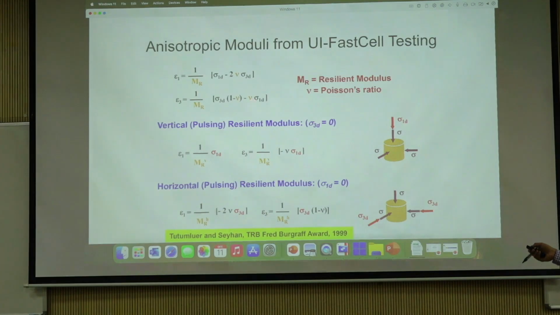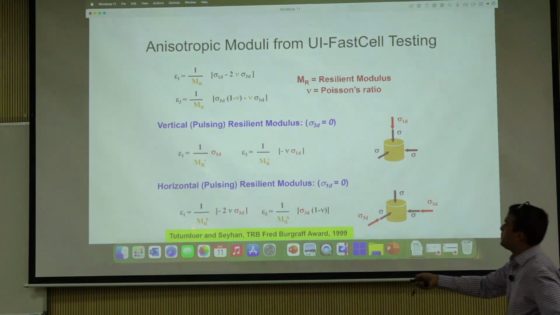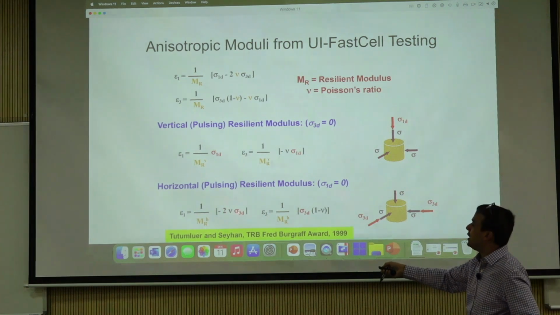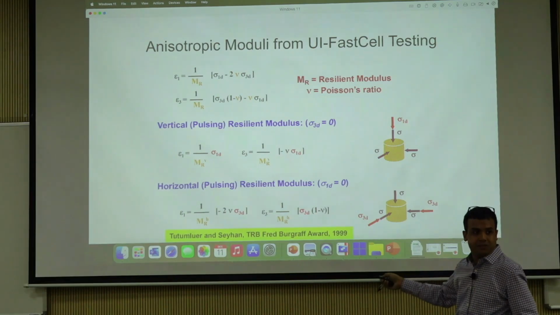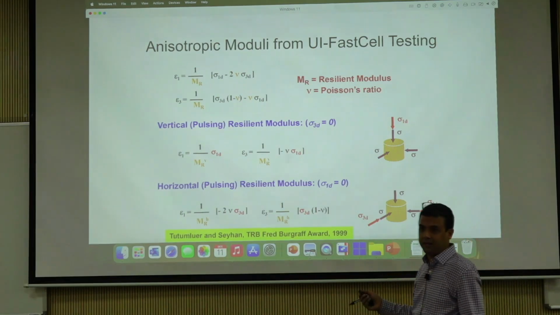But in that case epsilon 3 is just the Poisson's effect, right? Just the Poisson's effect. Horizontal pulsing, epsilon 1 is minus 2 nu times this, and epsilon 3 is the 1 minus nu component. It's just Hooke's law interpretation.